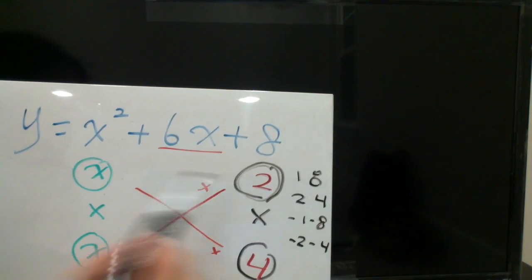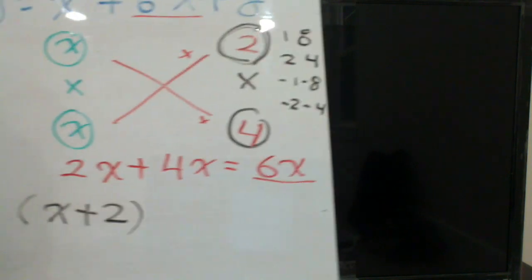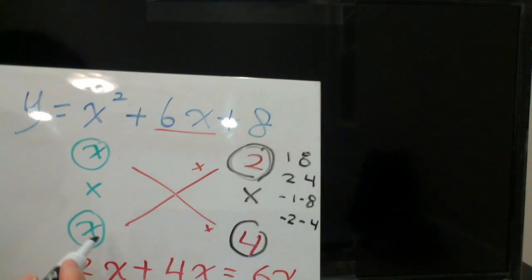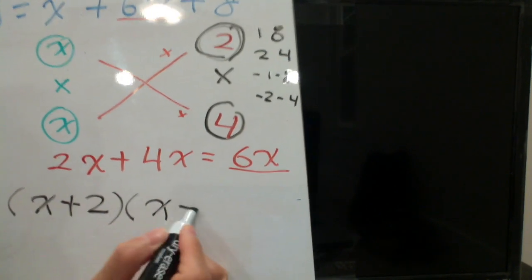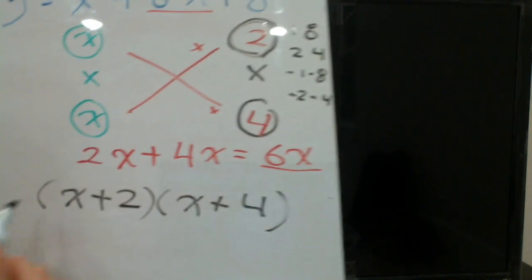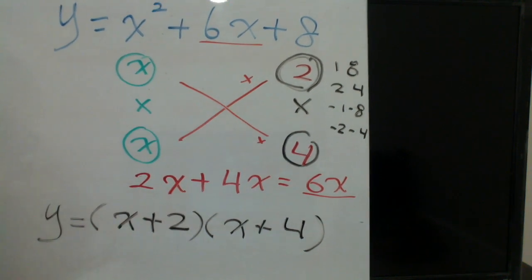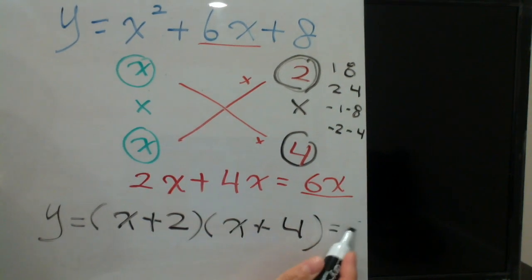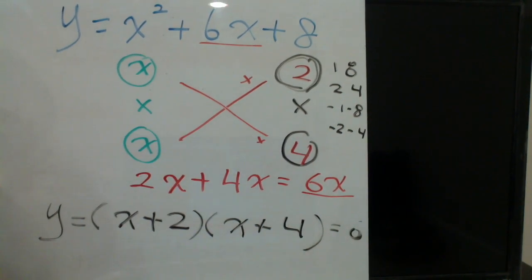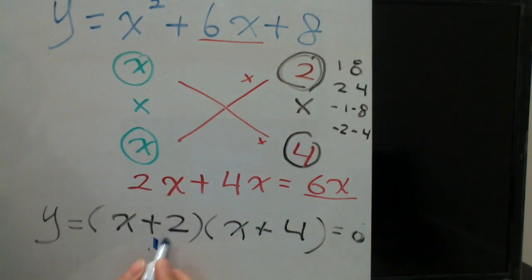So how do I write the equation? X plus 2 right here, and then x plus 4 right here. Do you remember the zero product property? This will be 0, or this will be 0.